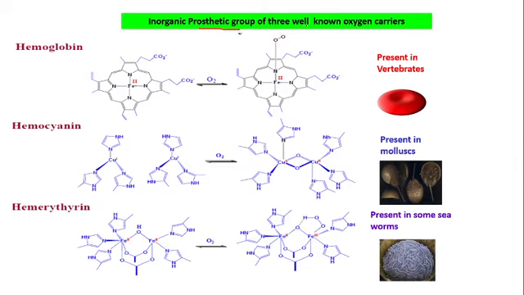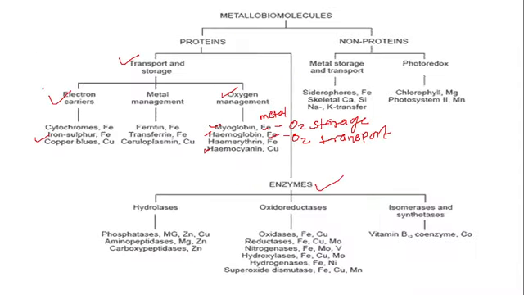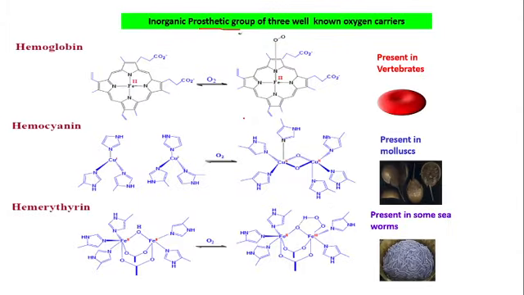The three well-known oxygen carriers, hemoglobin, hemerythrin and hemocyanin, are the oxygen transport or carrier biomolecules, and myoglobin is the oxygen storage.